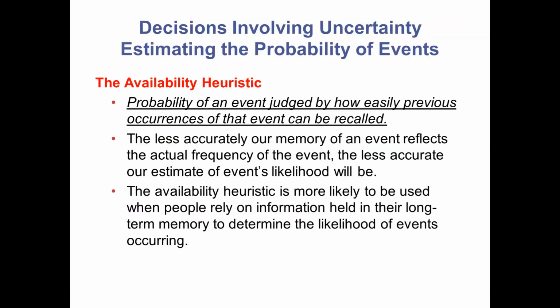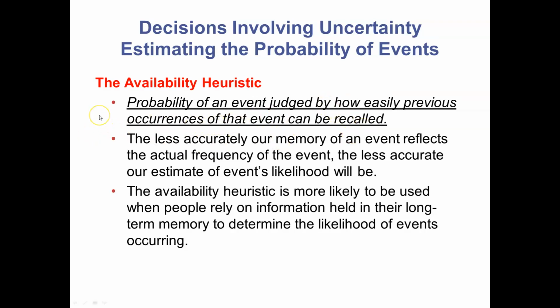Let's go forward here. We've got the availability heuristic right here. These are decisions involving uncertainty, estimating the probability of events. Keep that in mind. We use the availability heuristic, and I underlined this because this is the important part: the probability of an event is judged by how easily previous occurrences of that event can be recalled.